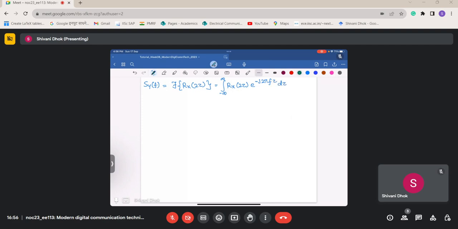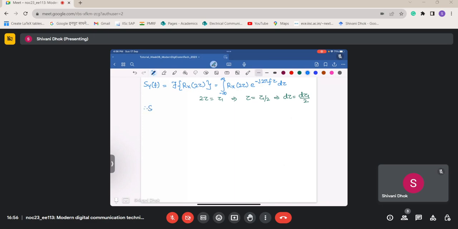Now let 2 tau equal to some tau 1, which means that tau equals tau 1 by 2, which means that d tau is equal to d tau 1 by 2.